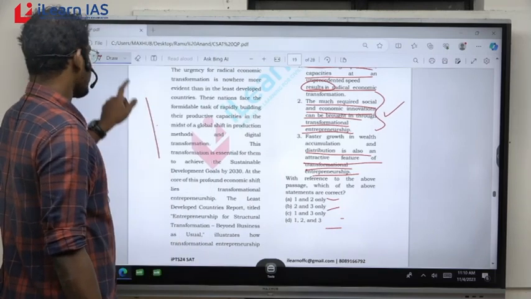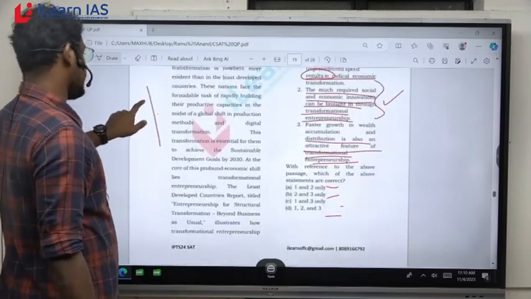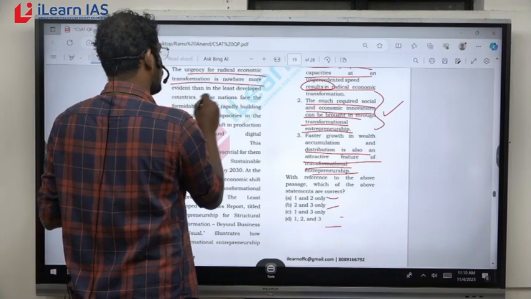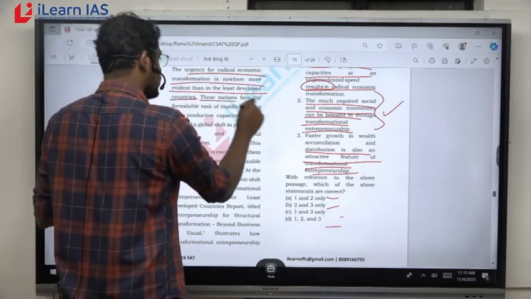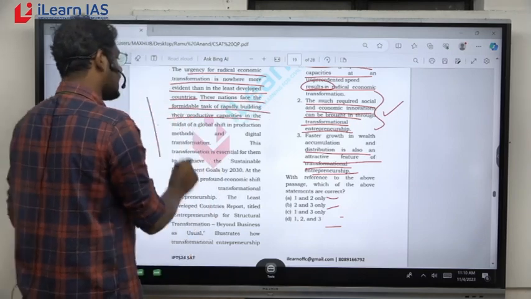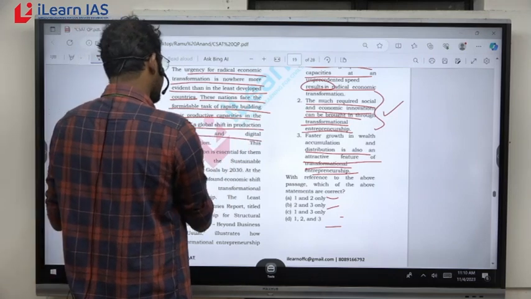Anyway, the passage reads, the urgency for radical economic transformation is nowhere more evident than in the least developed countries. These nations face the formidable task of rapidly building their productive capacities in the midst of global shift in production methods and digital transformation.